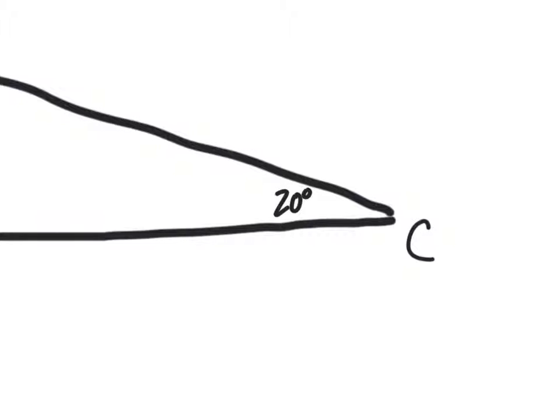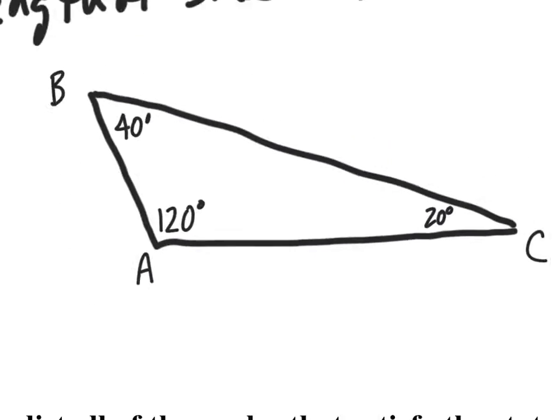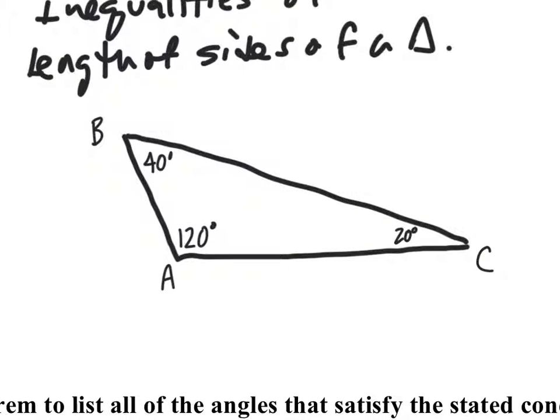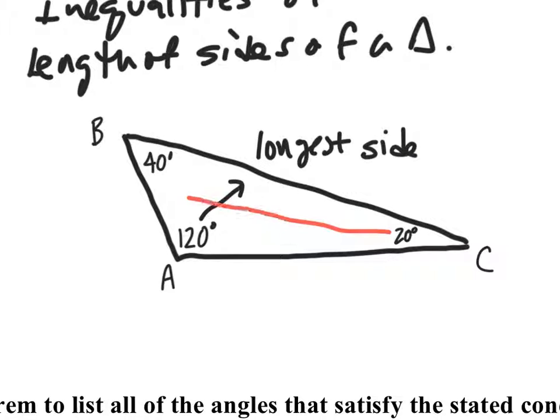What I know about this triangle is that my angle of 120 degrees is across from the longest side. Then I know that my smallest angle is across from the shortest side, so I'm going to draw one over here, and this is my shortest side.